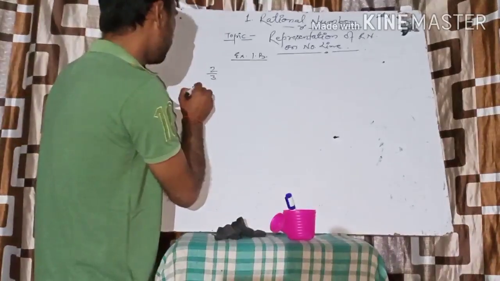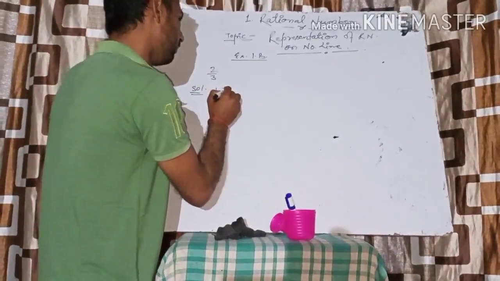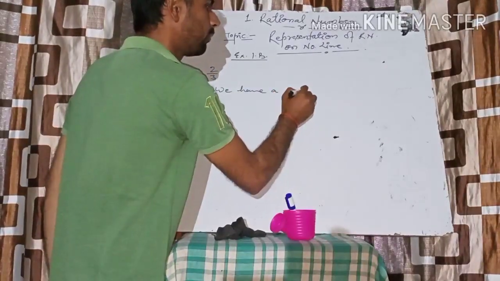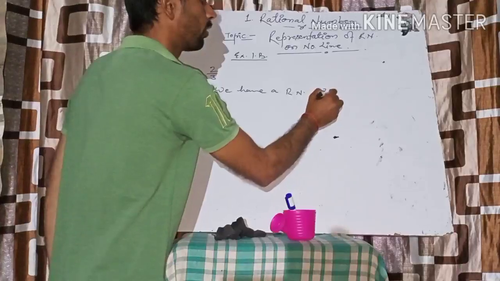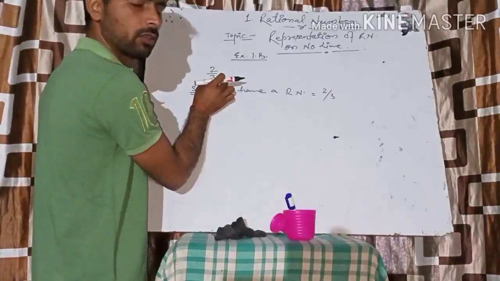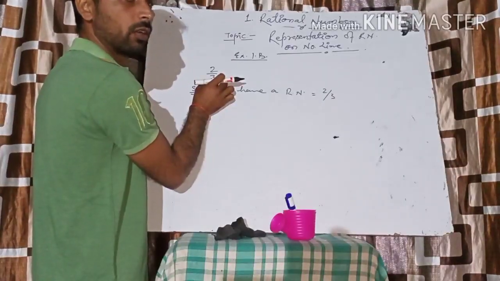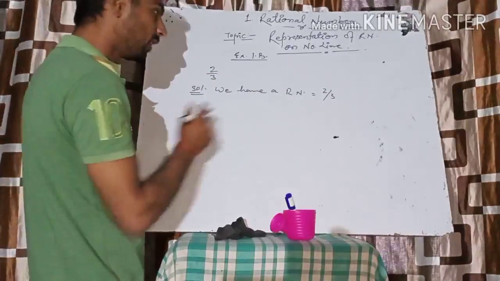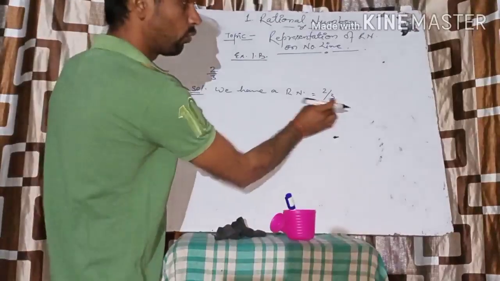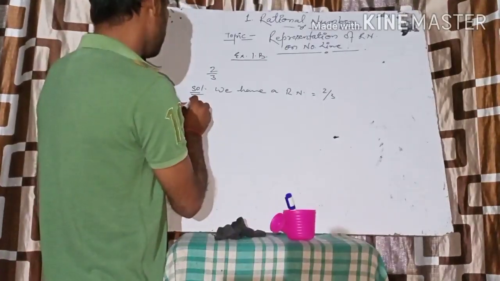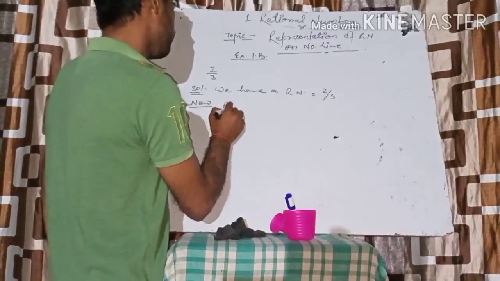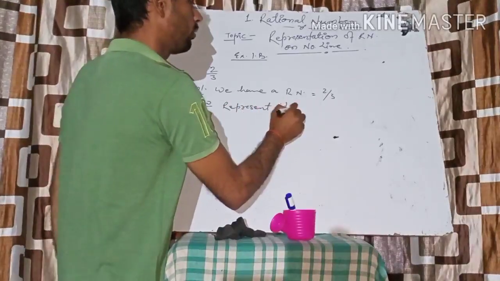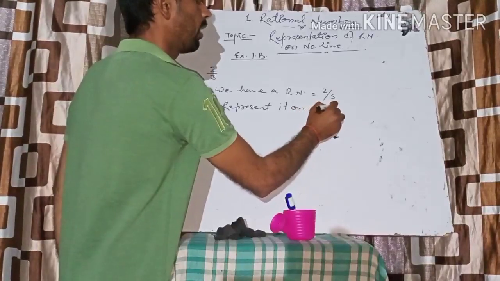First, how will you solve it? We have a rational number, 2 upon 3. What kind of rational number is this? Just revise your previous topic. Yes, it is a positive rational number. Now represent it on the number line.